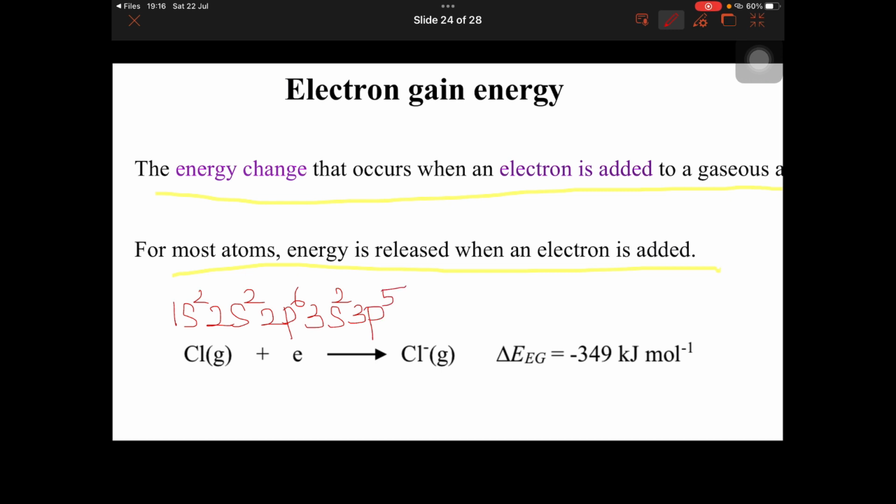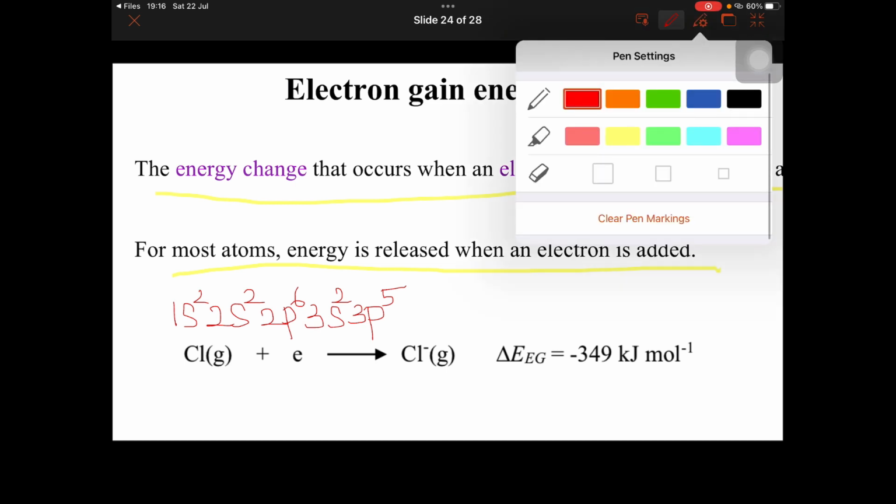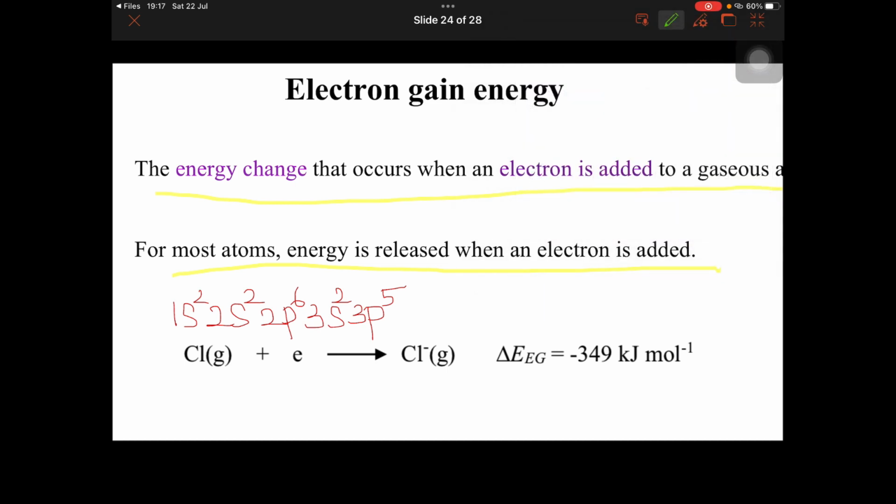When it comes to the chloride ion, we can write 1s2, 2s2, 2p6, 3s2 and 3p6. So one electron has been added in excess when it comes to this chloride ion.